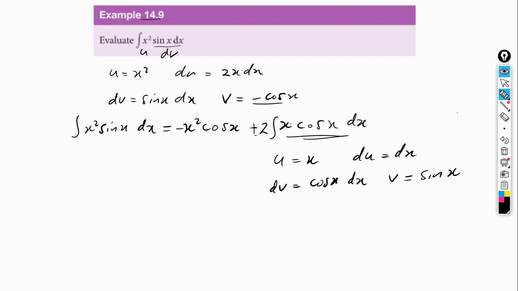So let's solve what we have here to the right, applying the integration by parts. We have u times v, which is going to be x times sine of x, minus the integral of v, sine of x, times du, which is dx.